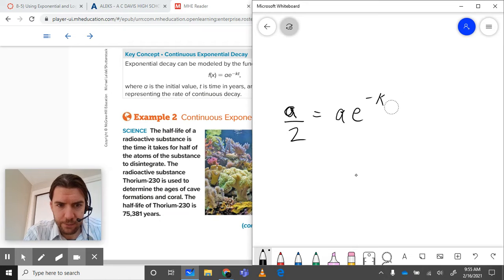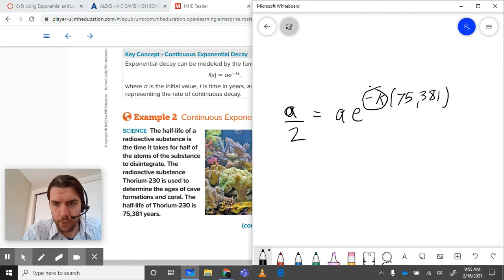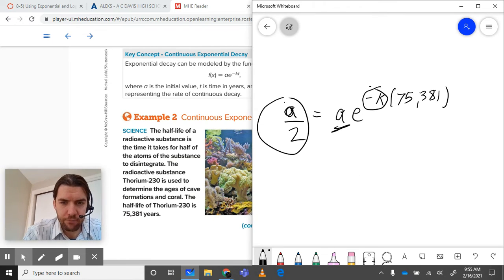And we know that the time is 75,381. Okay, so across this period of time, at this particular rate of exponential decay, which we're going to figure out, some amount decays to half of that amount.